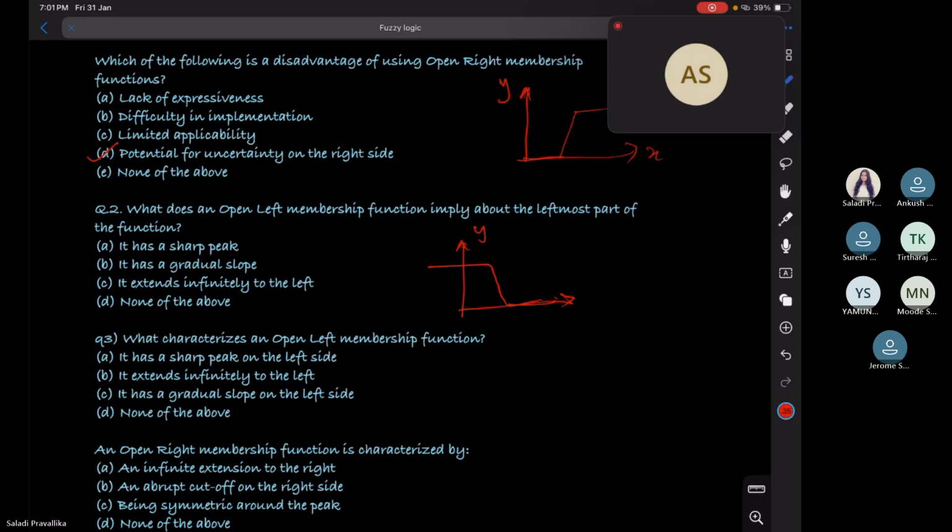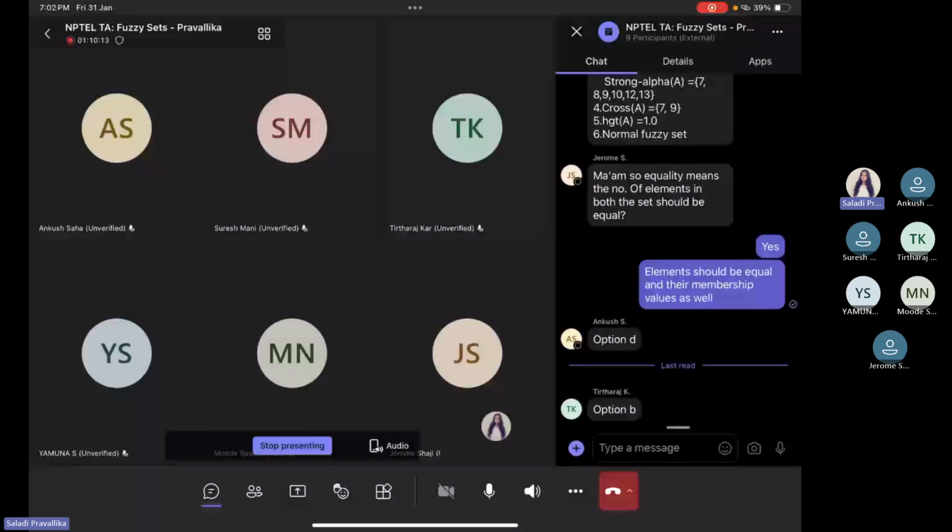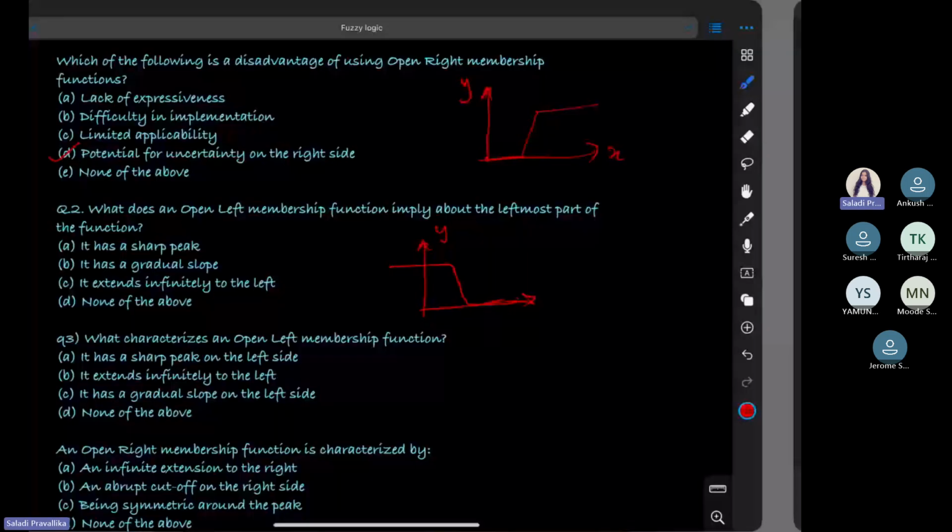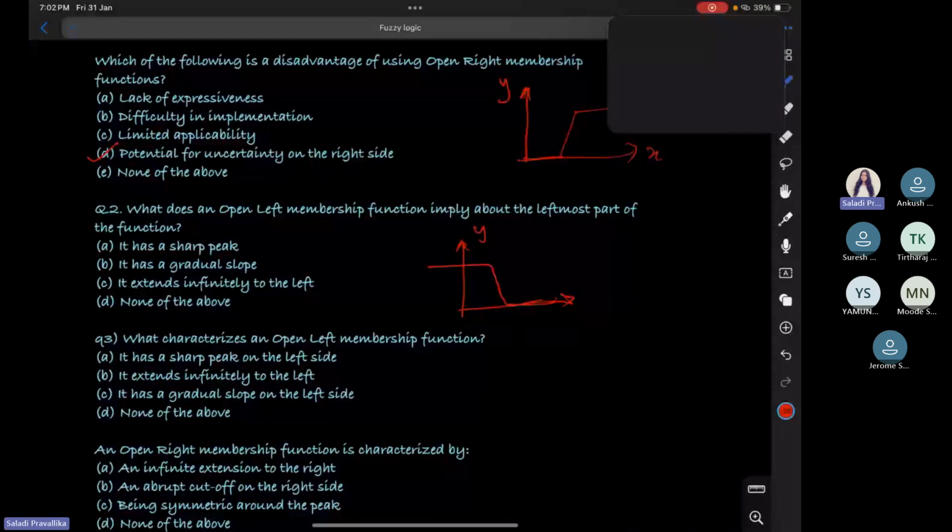That is almost the same as the previous answer. Option B. We are discussing the leftmost part, so this basically extends infinitely to the left.